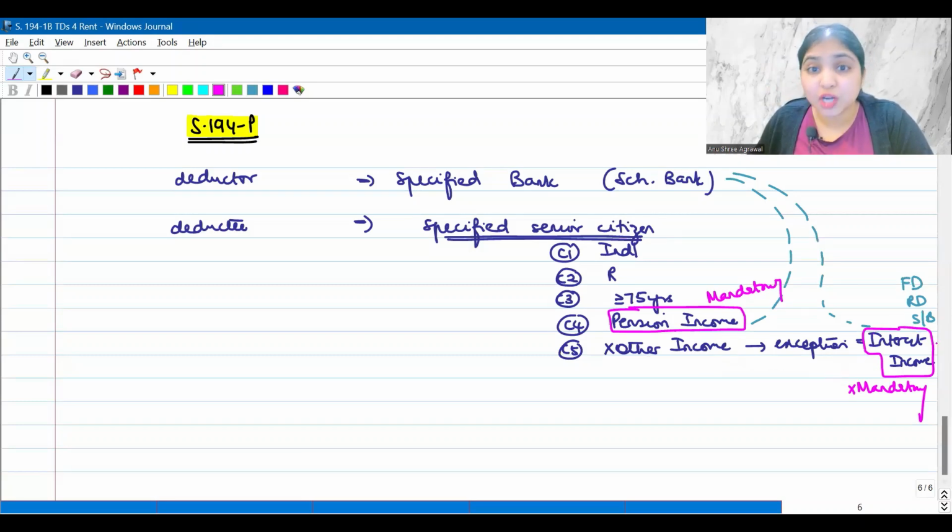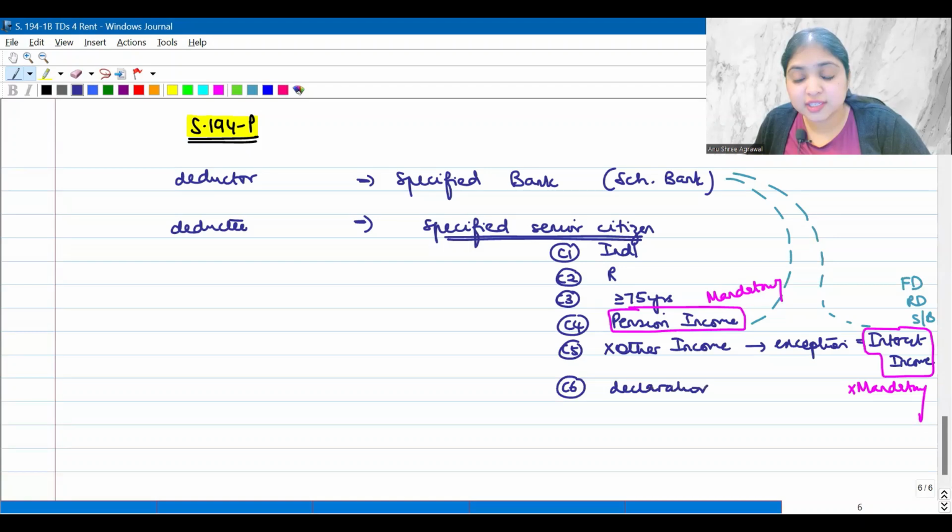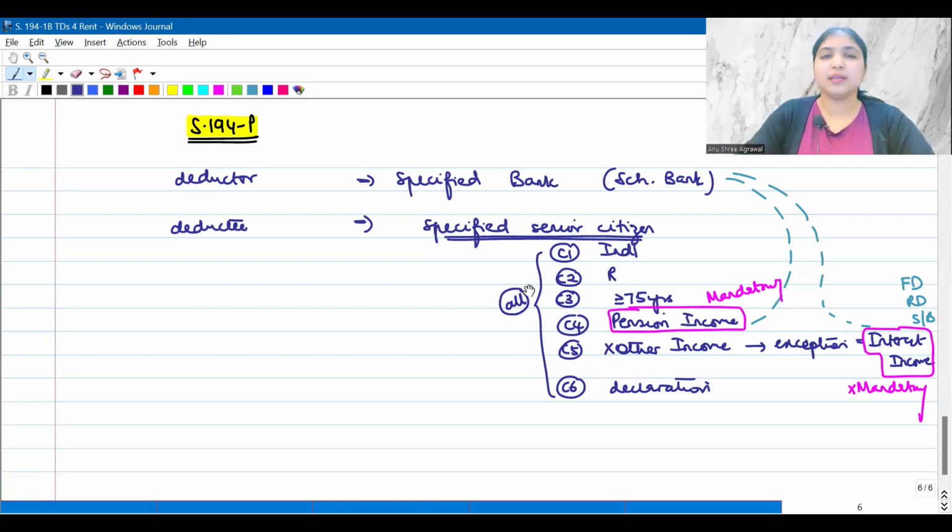It's not mandatory that he should have interest income. But even that interest income has to be from the same bank only. This is your fifth condition. And the sixth condition is that the specified senior citizen has given a declaration saying that all these conditions are fulfilled. If all these conditions are fulfilled, then only the person becomes a specified senior citizen.